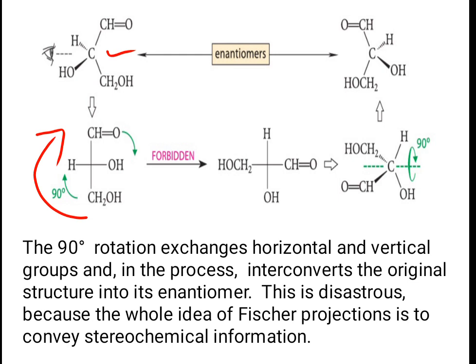So you are finally getting this, which is an enantiomer of the first molecule. The 90 degree rotation exchanges horizontal and vertical groups, and in the process interconverts the original structure into the enantiomer. This is disastrous because the whole idea of Fischer projections is to convey stereochemical information.